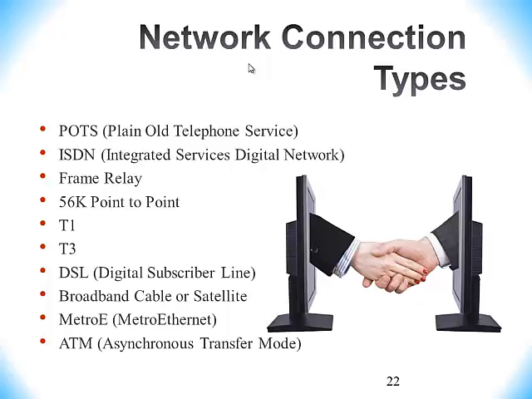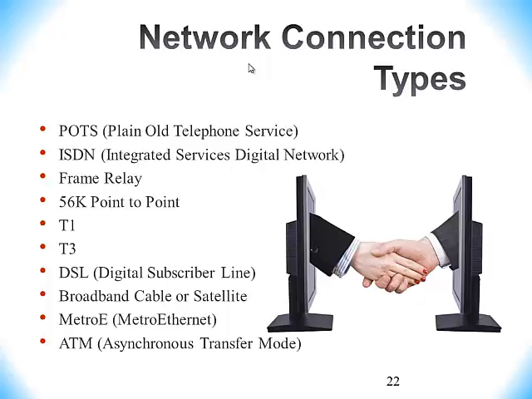T1 is 1.5 megabits guaranteed bandwidth. T3 is 44 megabits guaranteed bandwidth. DSL, or digital subscriber line, is 256 kilobits and higher, and shares the data line with the voice line. Broadband cable or satellite is 56 kilobits, broadband satellite to 30 megabits and higher.